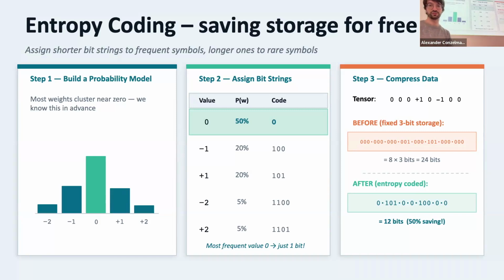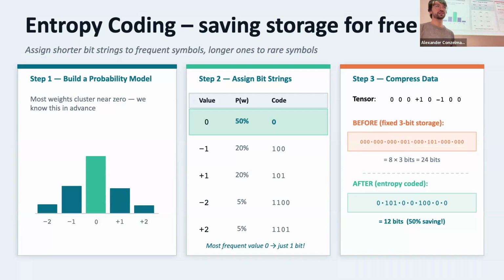The third step is then to compress the data. If we have this example tensor 0, 0, 1, 0, -1, 0, 0, and you want to naively store this with a fixed bit storage, you have to do something like in the orange box. Each weight gets 3 bits. This takes 24 bits in total, which is quite wasteful.